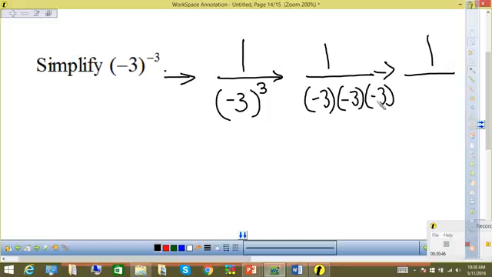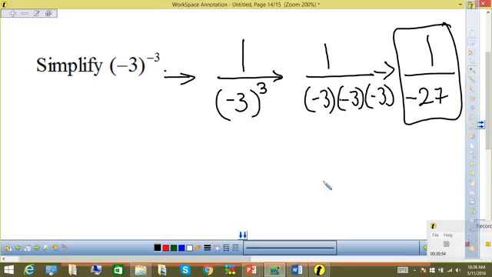And this becomes 1 over negative times a negative, positive, times a negative, negative, and this is 27. Let's do another one of these. Guys, I see some of you not writing anything down, and this is part of your final. I'm just letting you know.